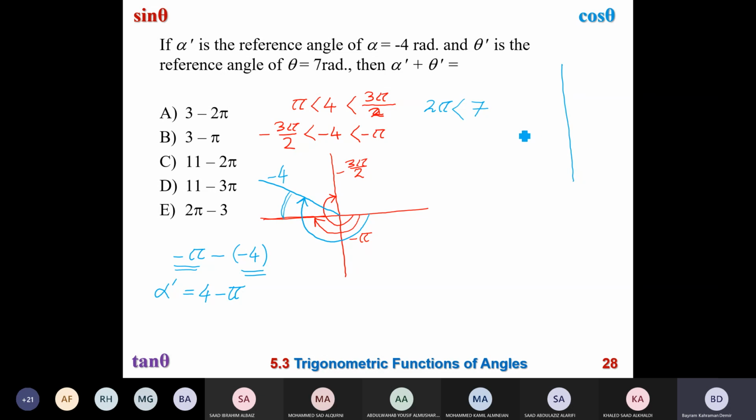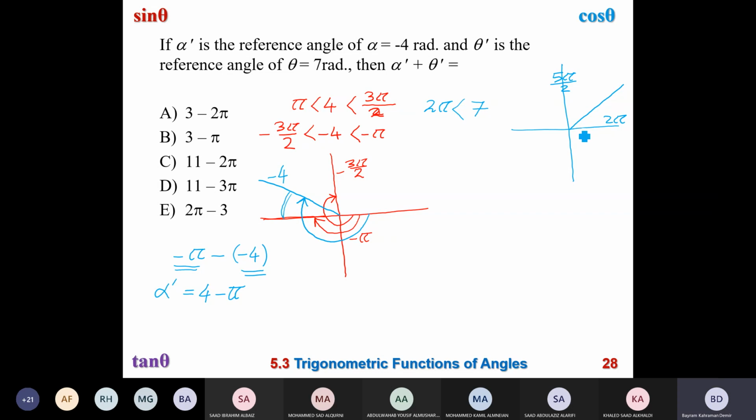So it's going to be in the first quadrant, actually. So it is here, 2 pi. And when you continue rotating, this will be 5 pi over 2. So 7 radian is greater than 2 pi.